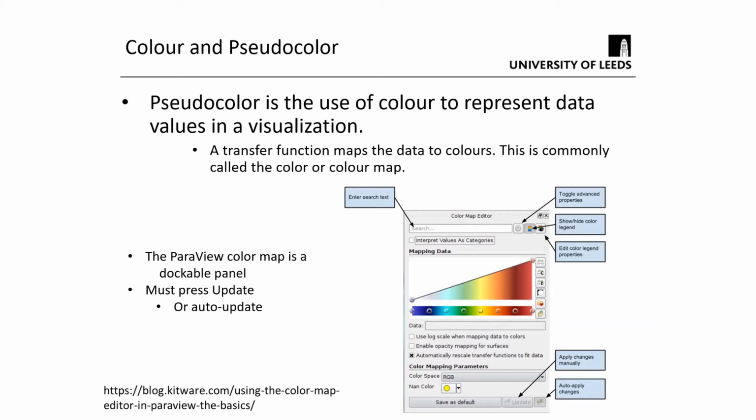And here we have a little picture of the color map editor, and we can see the one on the far end edits the color for the legend, and that's where we altered the formatting of the text for that. You can show and hide the color legend.